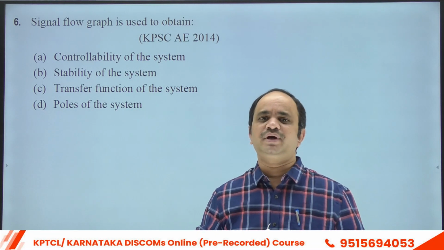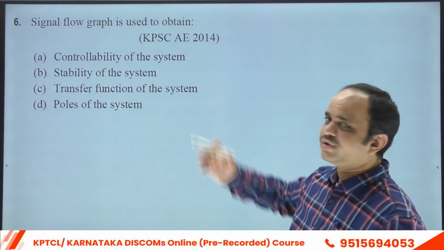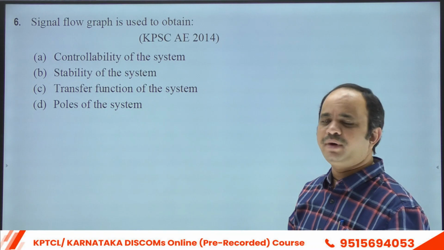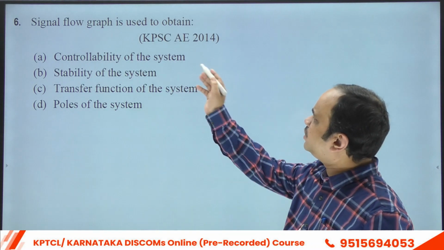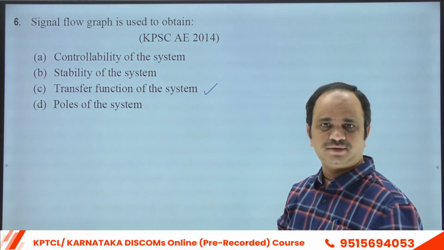In order to simplify finding the transfer function, the signal flow graph is used, and the gain formula was determined by Mason. Therefore, the answer is that a signal flow graph is used to obtain the transfer function of the system.